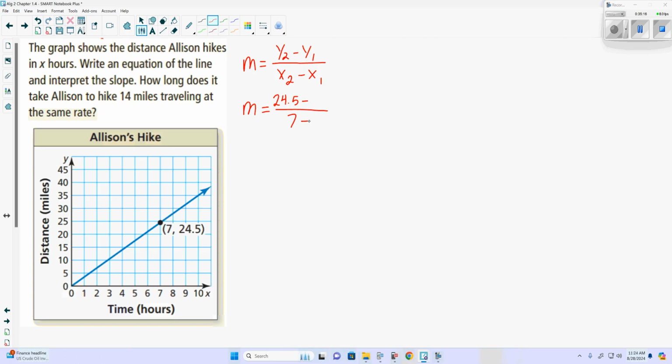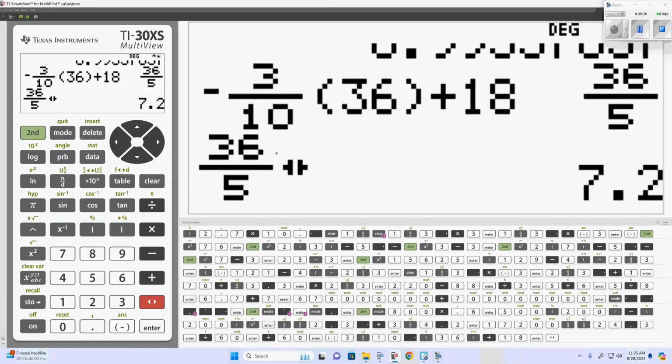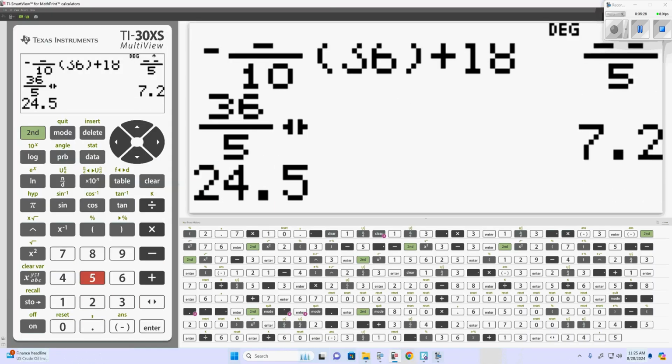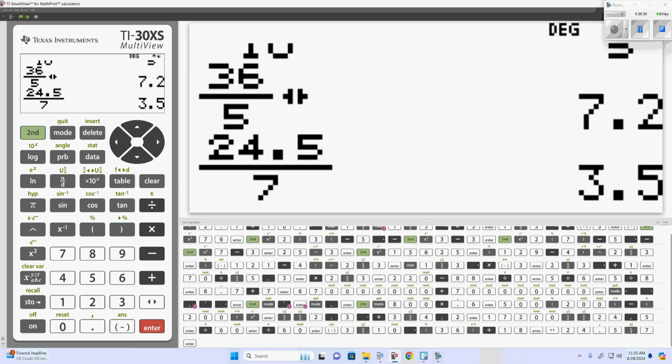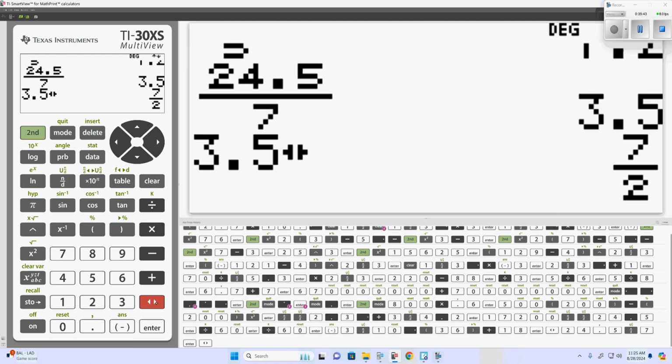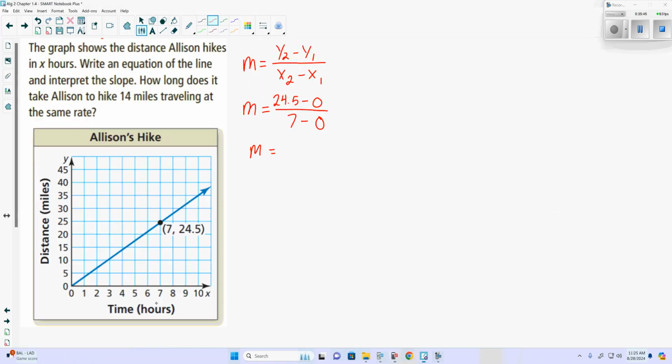Now the other nice point that we have is 0, 0. Yes, but we don't want to leave it as 24.5 over 7. We don't want a decimal and a fraction together. So we can plug into the calculator, and we do get 3.5 or 7.2.